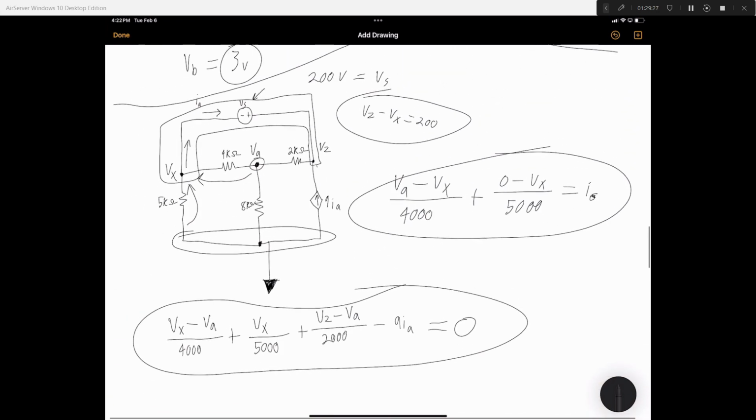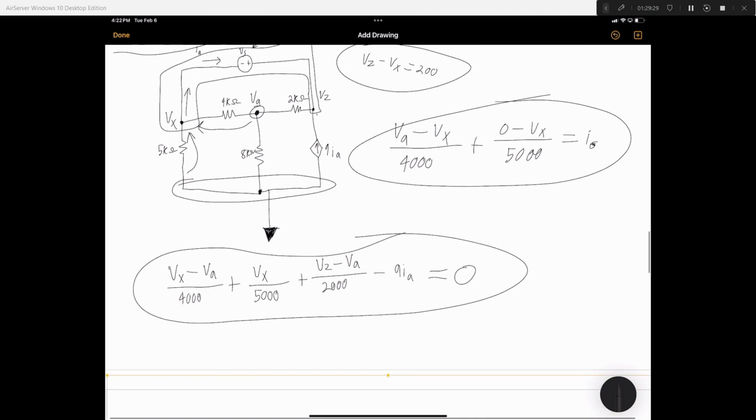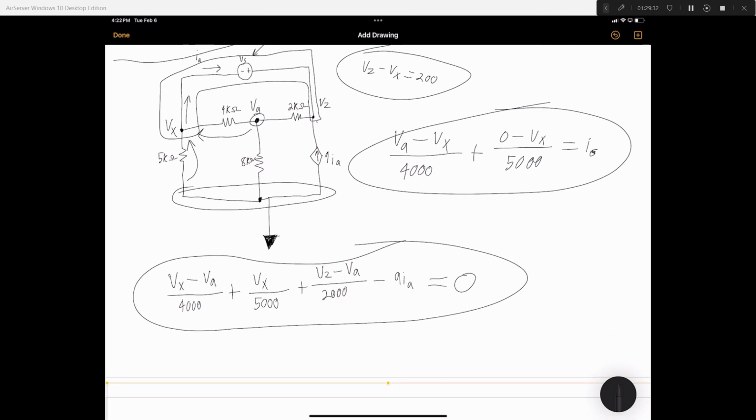Next one. Well, these have I sigma in it. We don't know I sigma, but we can plug this into here. We sure can plug that in.